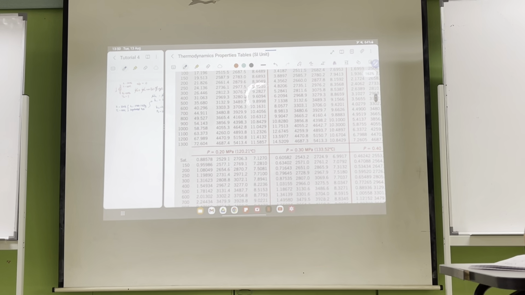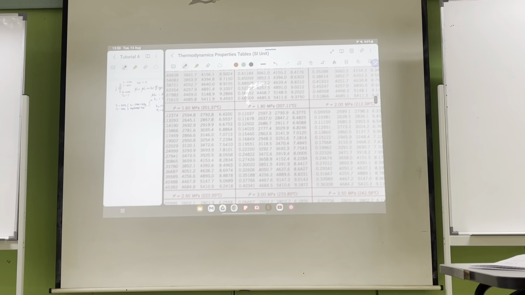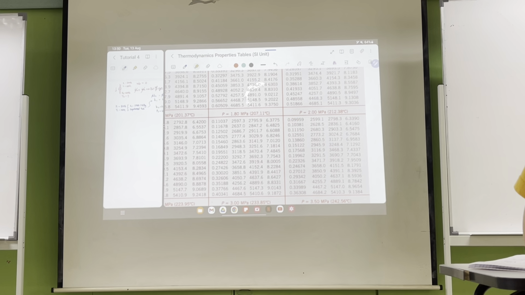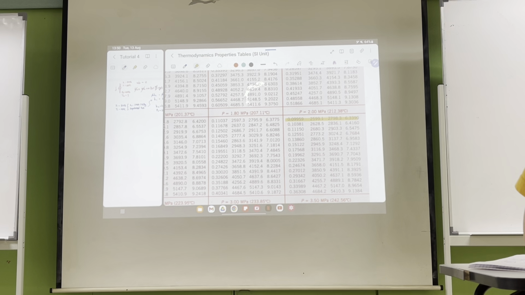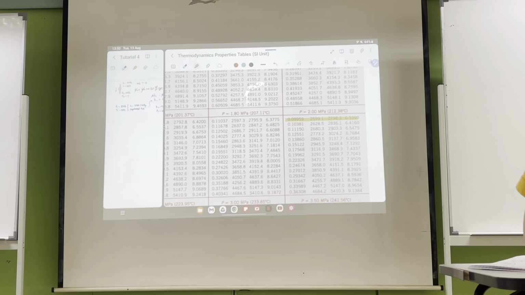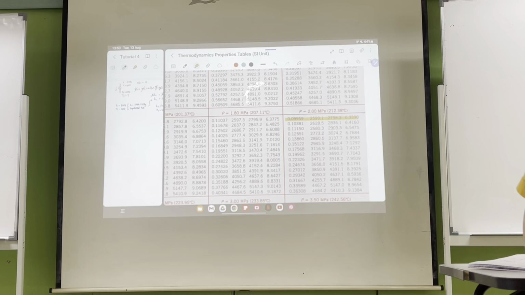So now we go back down again. Technically speaking, you can actually check at 2 megapascal here as well, because the first row gives you the saturated vapor value. But this one is a bit confusing, so my advice is always go back to the saturated table to check. So at 2 megapascal, we look for 2988.1.